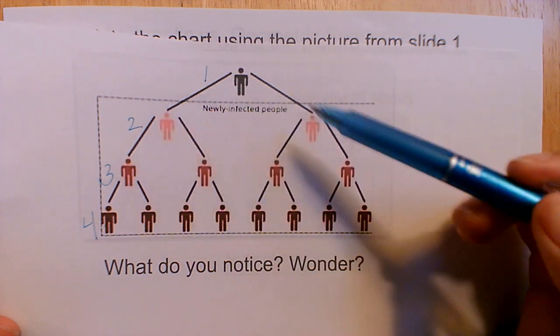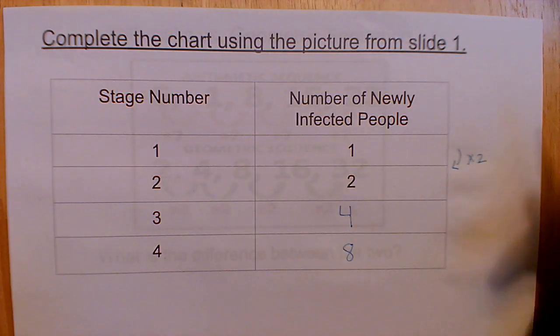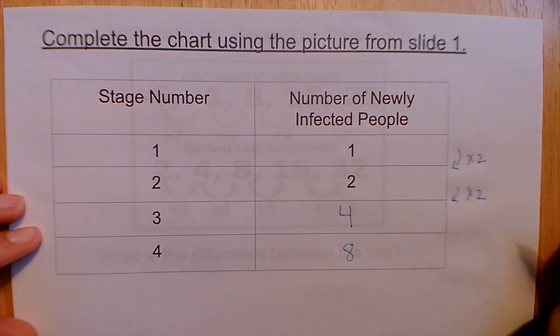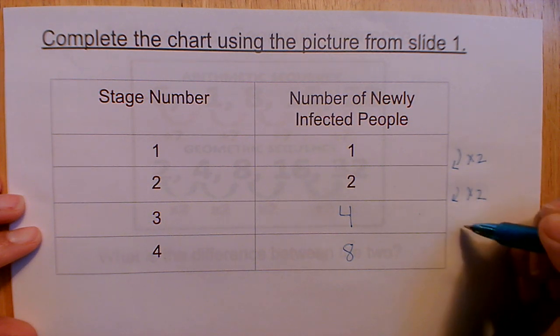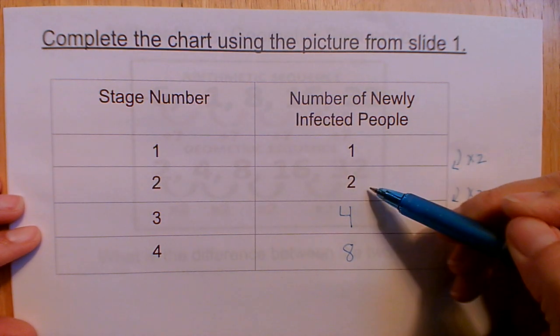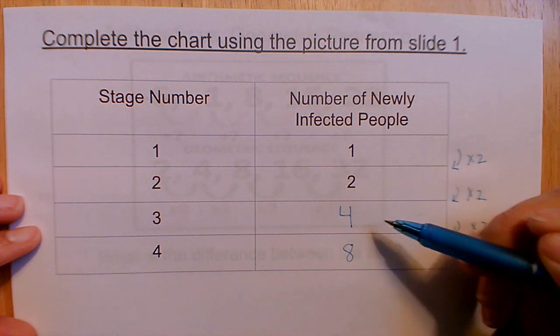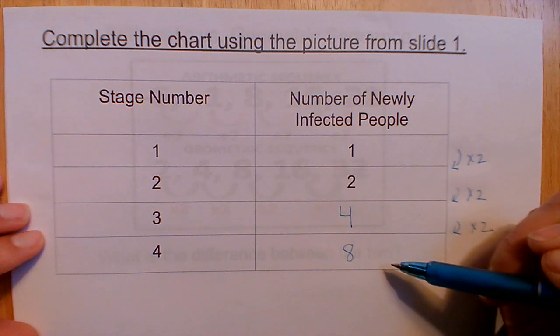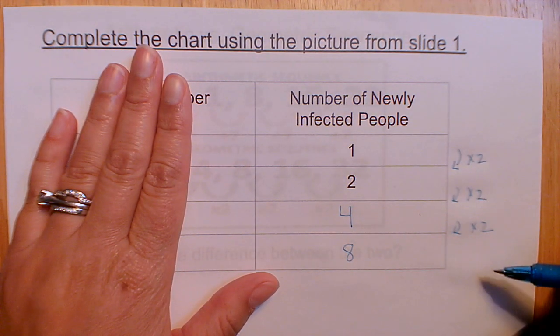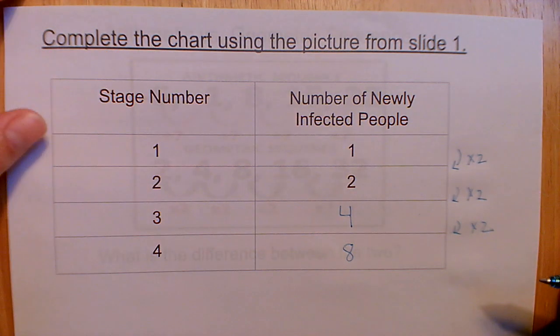When you had 2 people, they infected 4 altogether. Again, times 2. 4 people infected 8. So 1 times 2 is 2, 2 times 2 is 4, 4 times 2 is 8. We find it has a common ratio of 2.